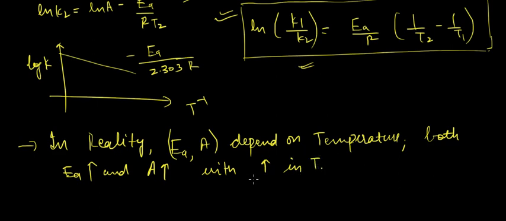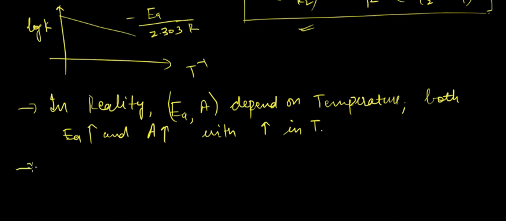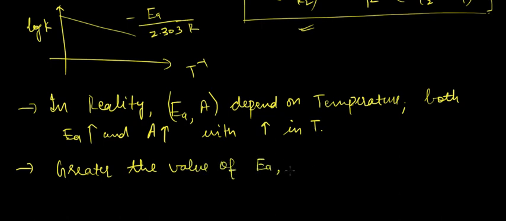And the greater the value of Ea, the more the effect on the rate constant.